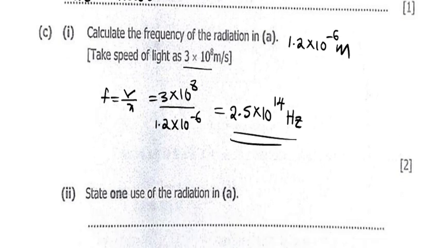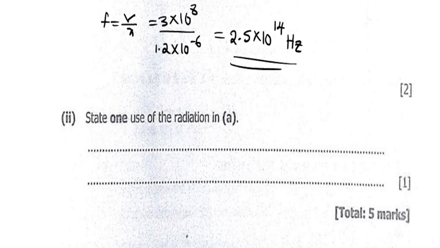Alright, proceed. We look at state 1 use of radiation in A. So we said what type of radiation is that? Ultraviolet. Now one use of ultraviolet is to create fluorescence.